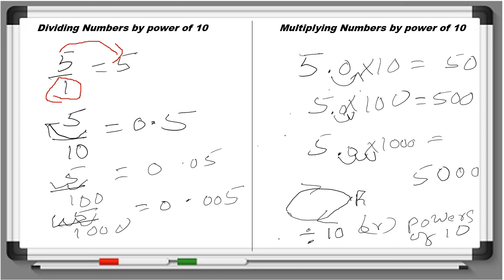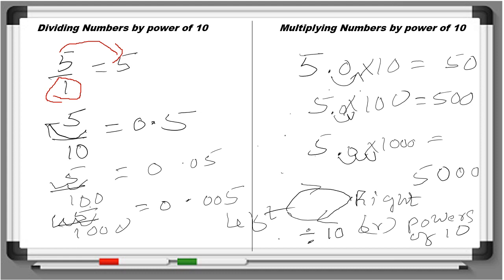Suppose this is the right and this is the left side. The decimal moves from right to left. You can see here, when I divide 5 by 10, it becomes 0.5. If I divide by 100, it moves two places, 1, 2. If I divide 5 by 1000, it moves three places, 1, 2, 3.